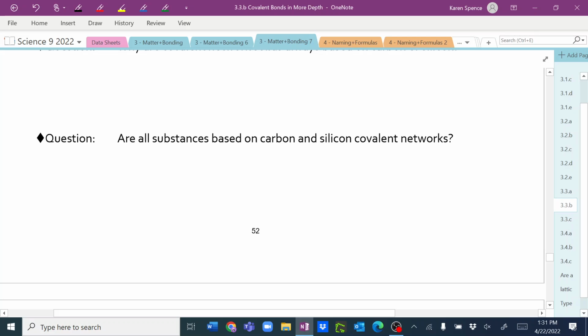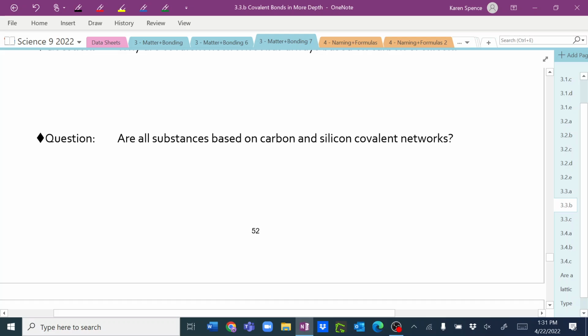So a dot and cross diagram is a way to show the arrangement of the outer shell electrons. And we've been doing some of that already, but this time we're going to formalize it by using dots for one atom and crosses for the electrons of the other atom. And one nice thing is that in a dot and cross diagram, often we don't worry about the inner shell electrons.